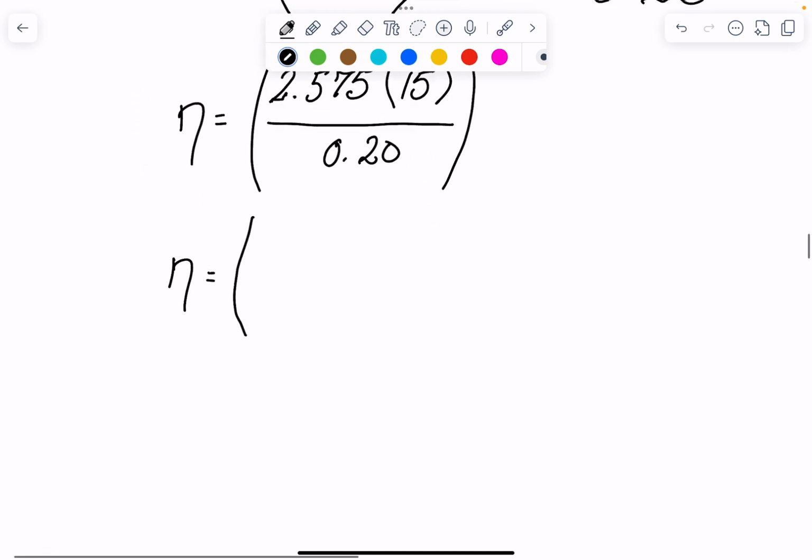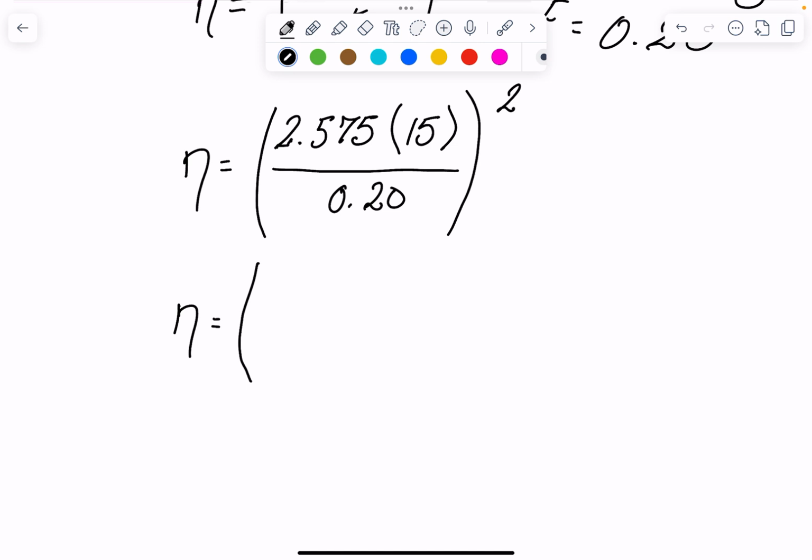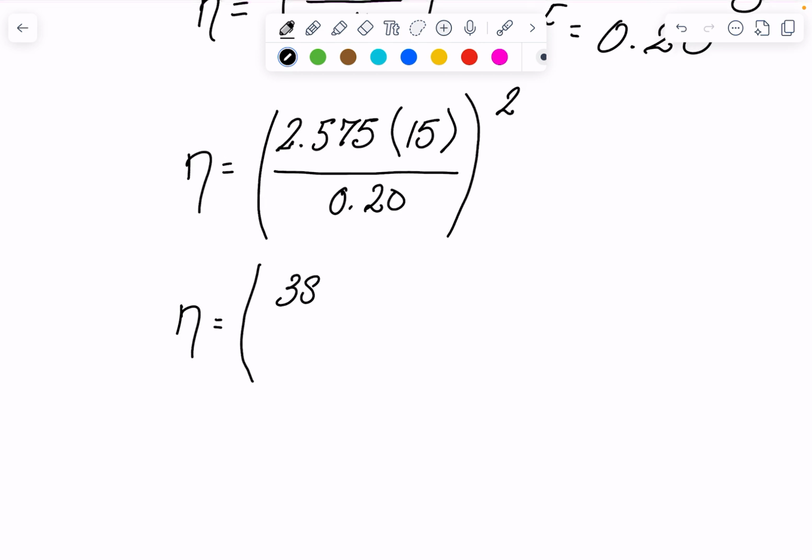Plugging this value into our calculator, let's do the numerator first. We have 2.575 multiplied by 15. This number is going to be 38.625, and that number is going to be divided by 0.2.